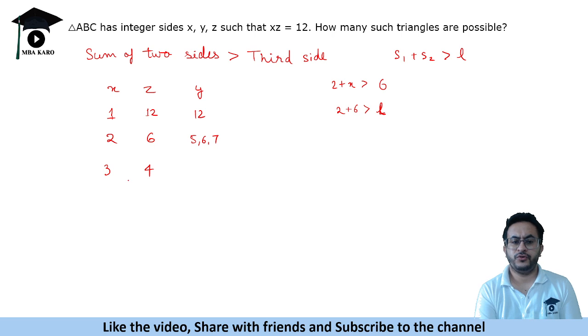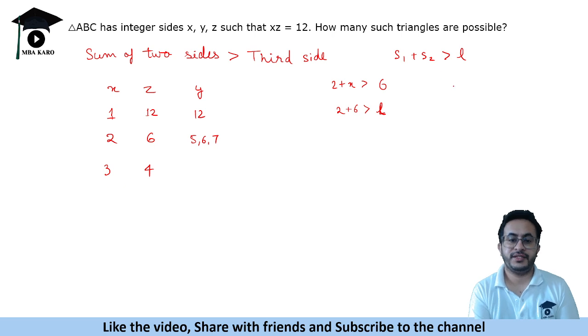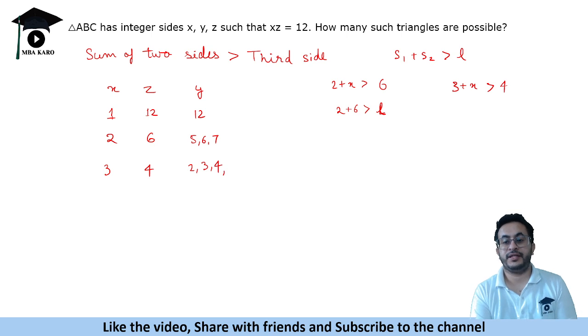Now when two of the sides are 3 and 4, let us say the largest side is 4, so 3 plus x is greater than 4, so we can have x equal to 2, then we can have 3, we can have 4 also. Now we take the other case where the largest side is L and we have 3 plus 4 greater than L. So the third side can be 5, it can be 6, it cannot be 7 because it will become equal.